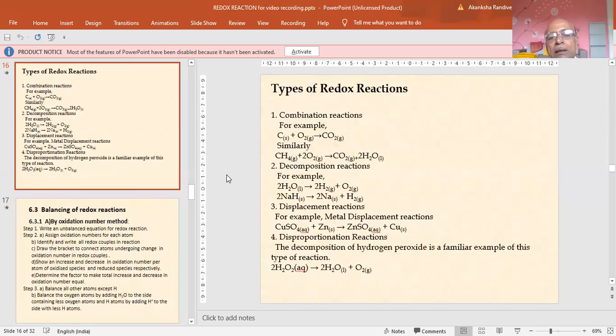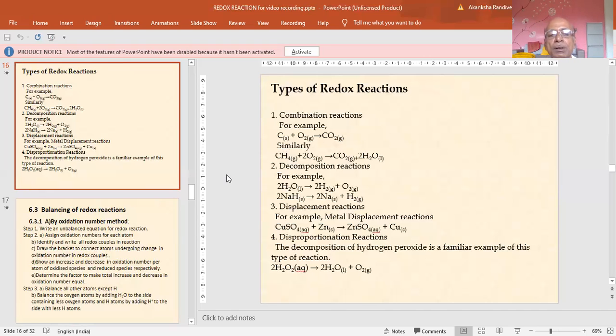Now, the third type of redox reaction we need is displacement reactions. Displacement: one metal displaces another metal in a reaction. For example, metal displacement reactions.